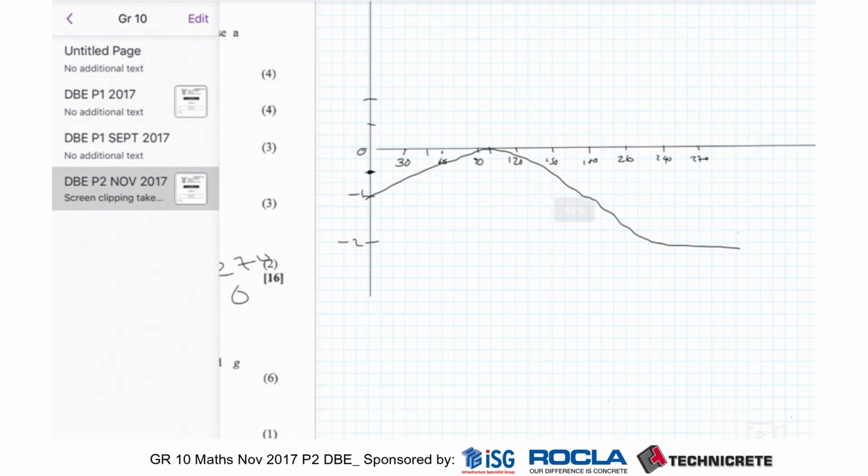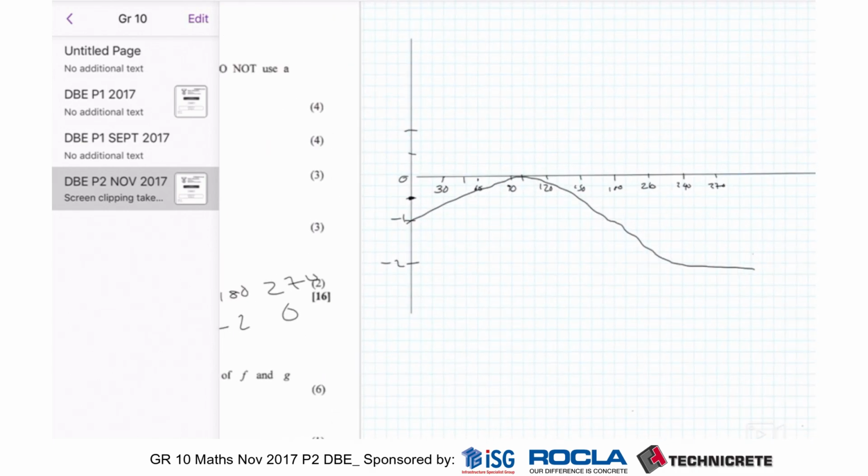Okay, it's the best that I could do with this. Then we're saying G starts at 2, 1. Okay, it's going down to 90, down to negative 2, and up. So the negative 2 is only supposed to be at 180. Let's try again. Okay, so this one is my G.